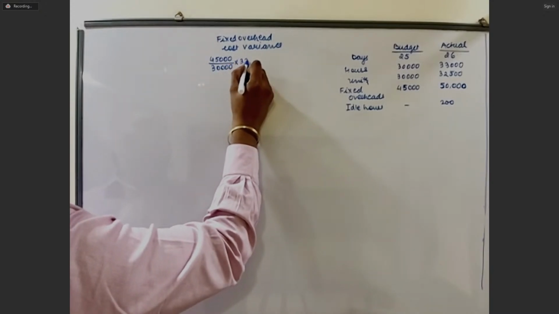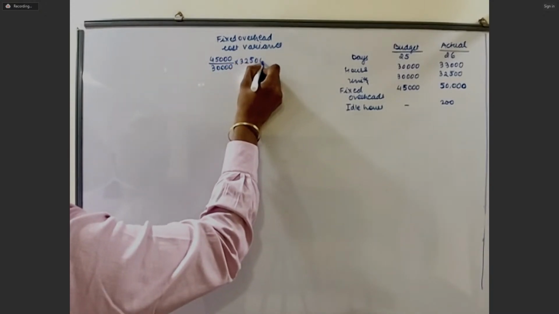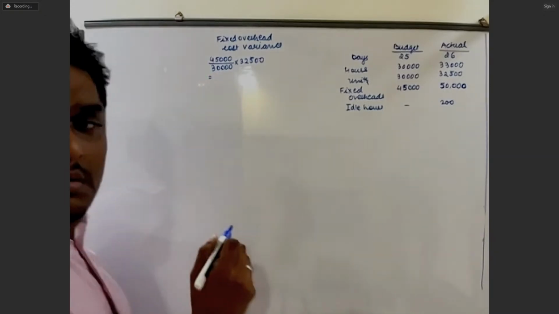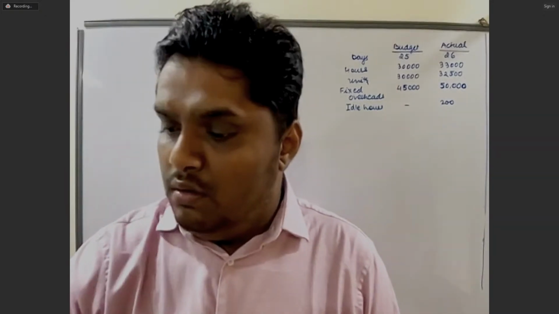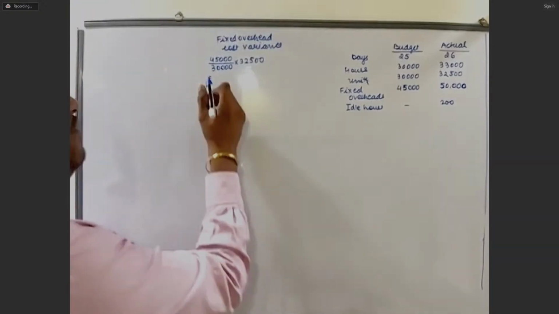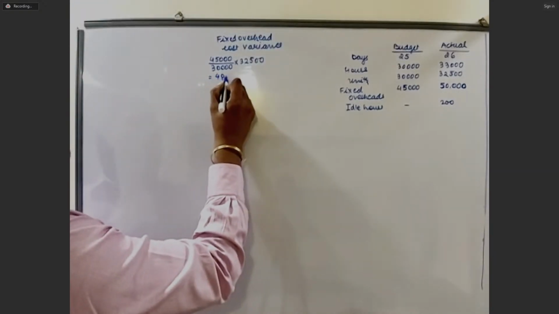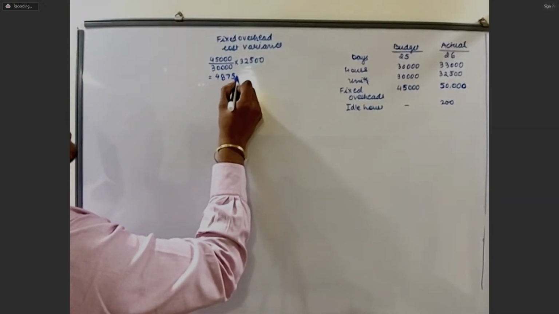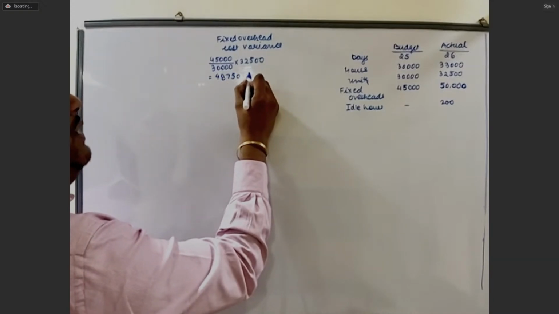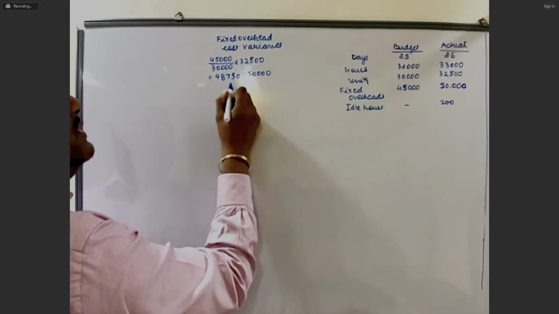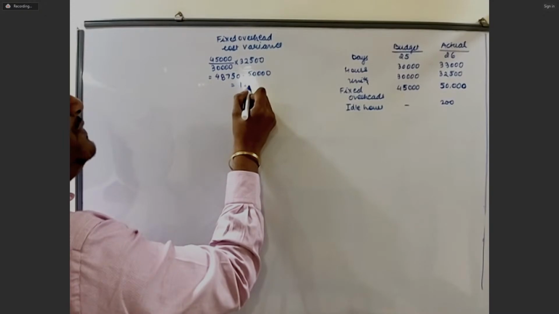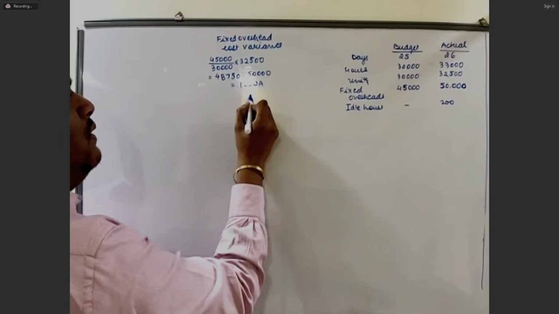So for 32,500 units, how much? 48,750. How much was my actual overhead? 50,000. So this will be 1,250 adverse.